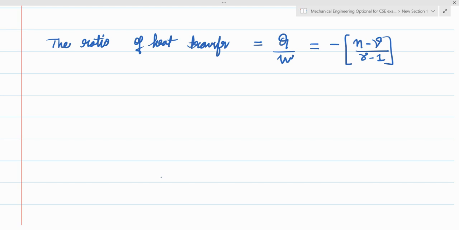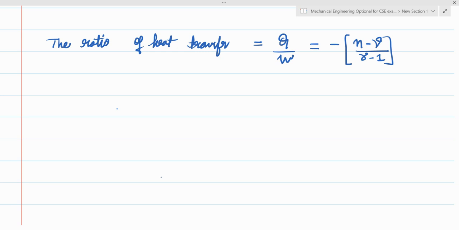Since it is a ratio, we can neglect the negative sign, and when we put the value of gamma here, we can get the value of n.